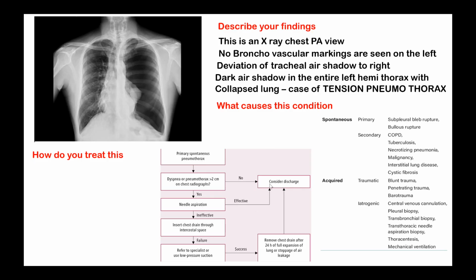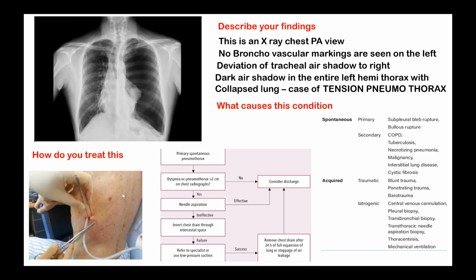If it is effective, just leave it at that. If it is ineffective, insert a drain through the intercostal space. And if it is still not relieved, refer to a specialist for low pressure suction application. If successful, remove the chest tube 4 hours after full expansion. This is called the flow chart or the algorithm for treatment of primary spontaneous pneumothorax.